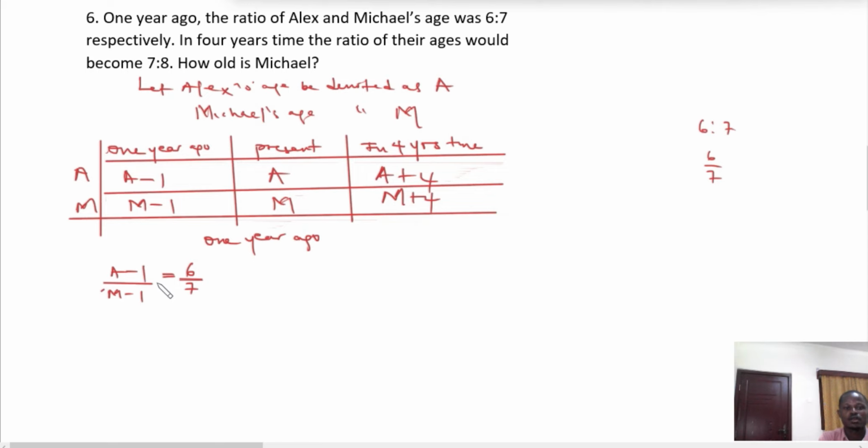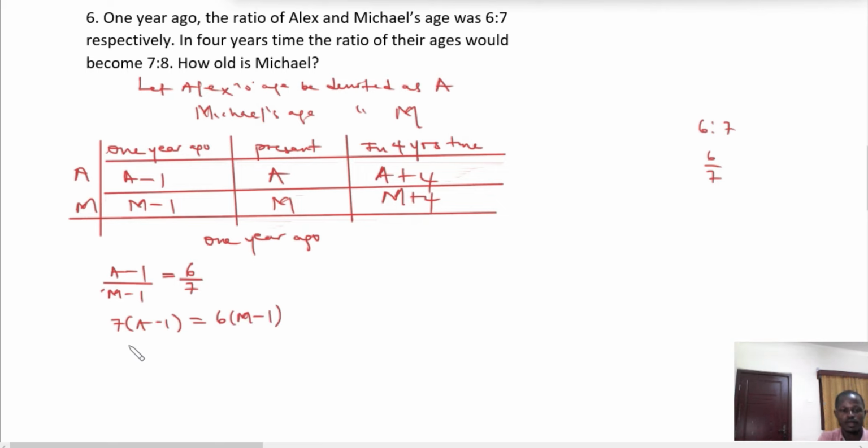So let's try to cross multiply. 7 times all of this, 7 times (A minus 1), is equal to 6 times all of this, 6 times (M minus 1).